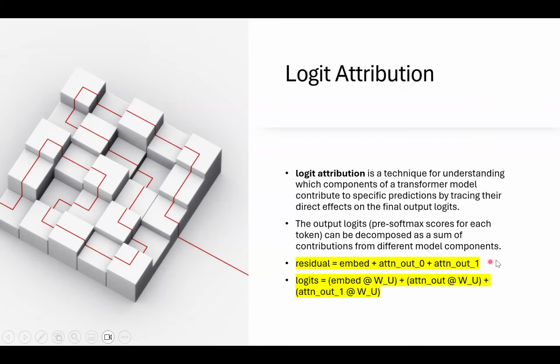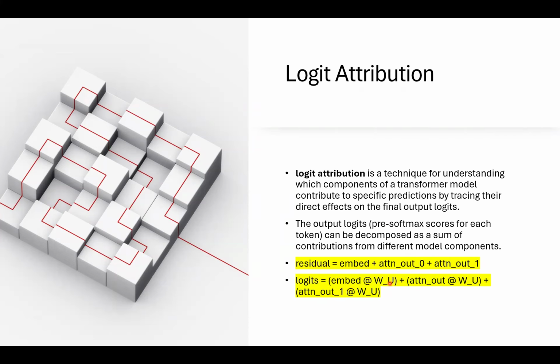If this is a 2-layer attention model, you can project the output of attention at the first layer on WU. And what I mean by projecting on WU is that you will get logits, right?